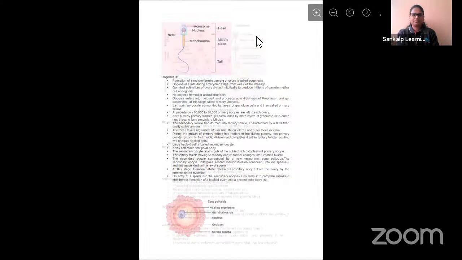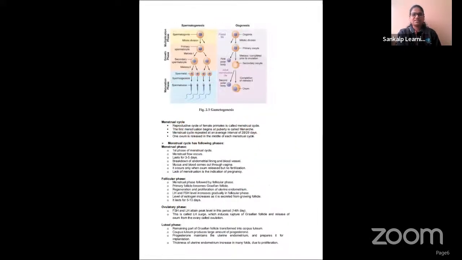Most of you have a confusion regarding it. Let me solve it. See here, the menstrual cycle.